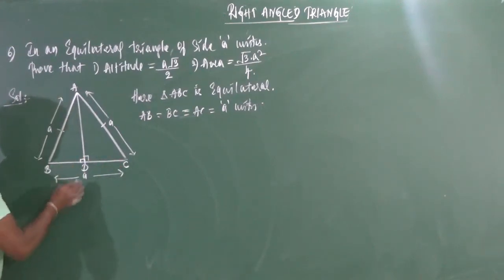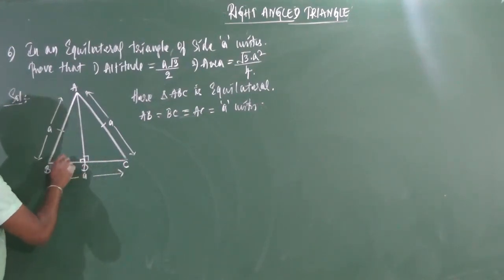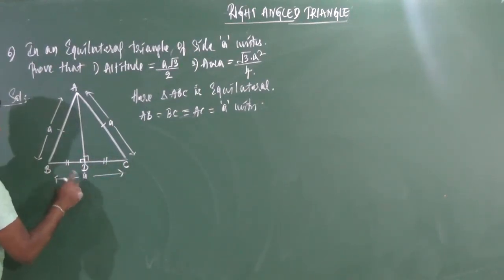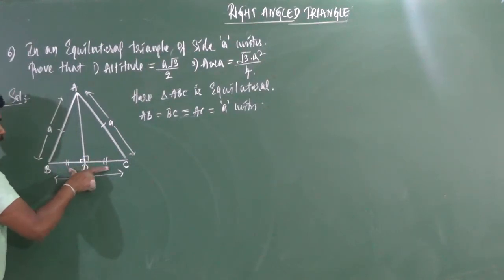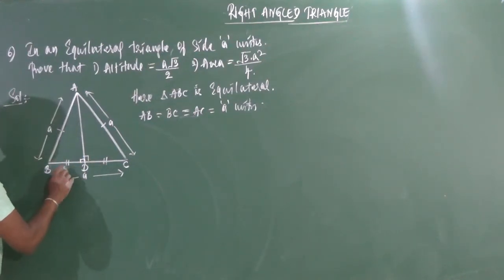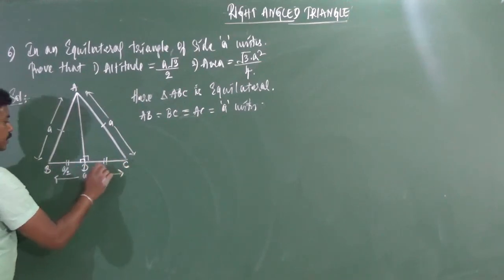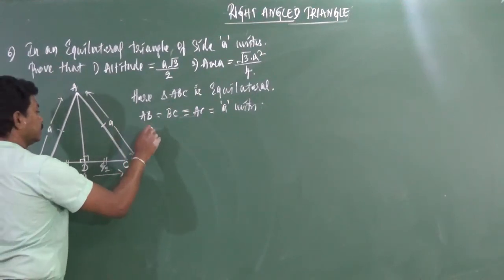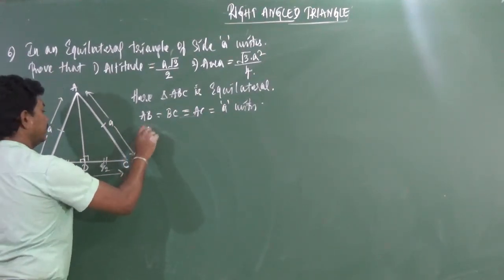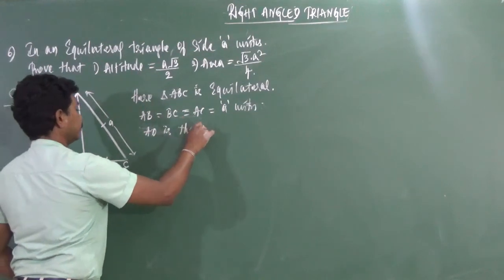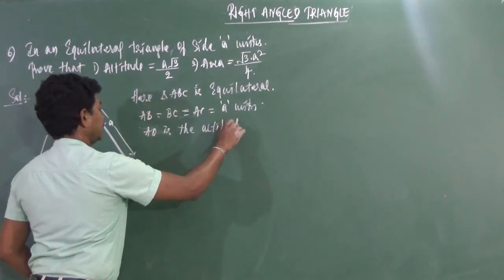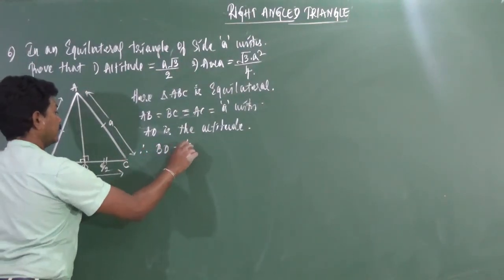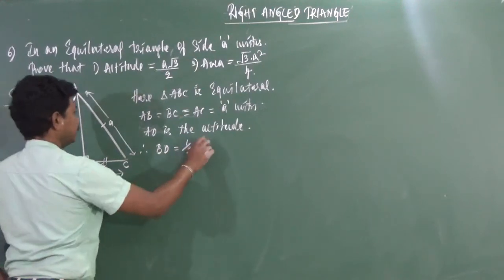So here BD will be equal to DC. If BC is a units, then BD will be half of BC, that is a by 2 units, and DC will also be a by 2 units. AD is the altitude, so therefore BD is half of BC.